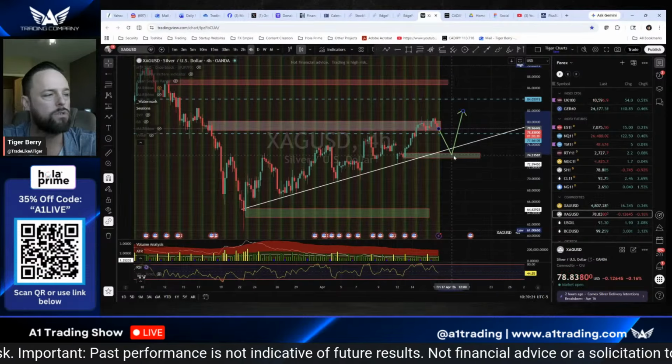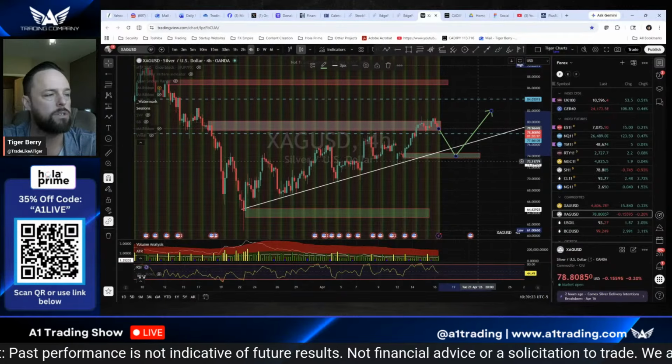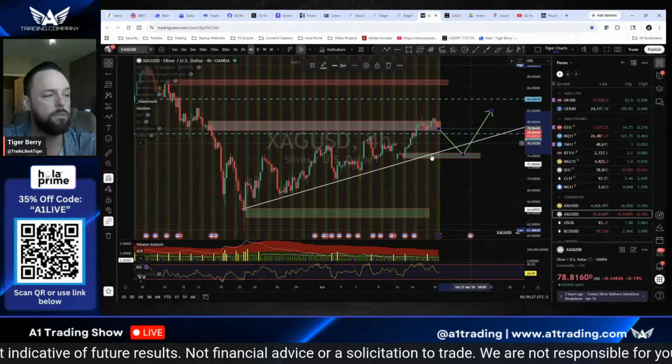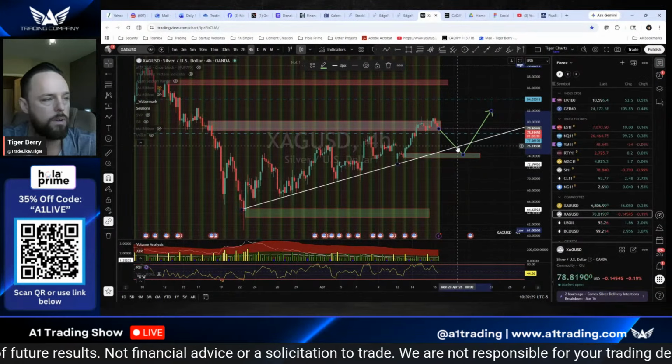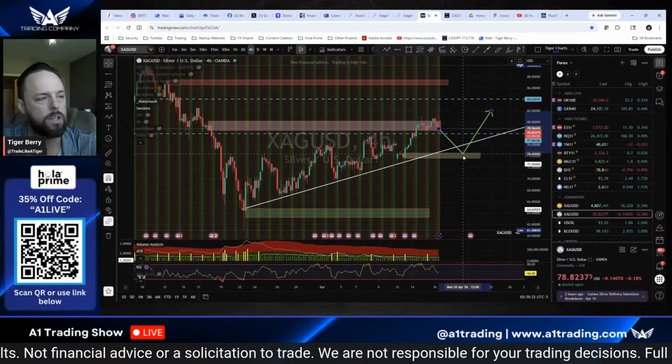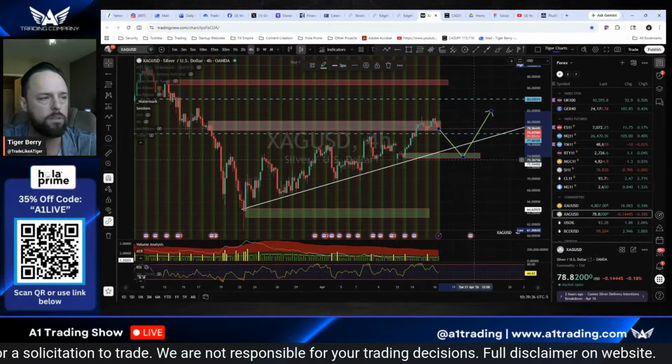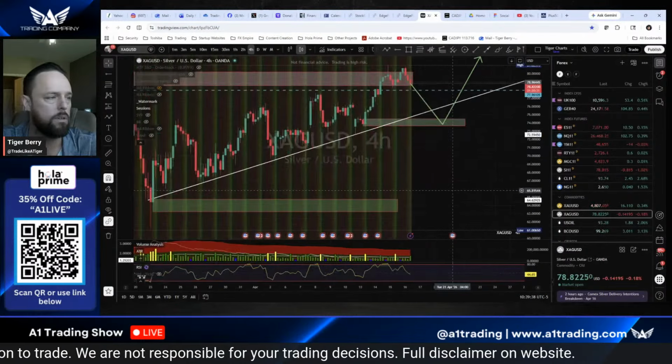Okay, because down here is where your institutions and your banks know that their stop losses are on these trend line buyers or sellers if this were all flipped. And they want to go a little deeper to collect that liquidity and bounce into the zone for the unfilled orders. Guys, this is a really good structure right here.